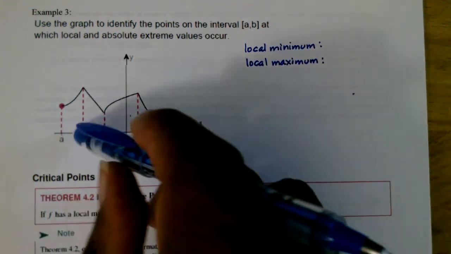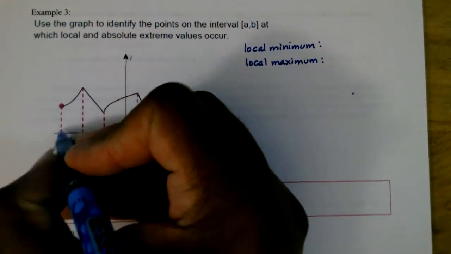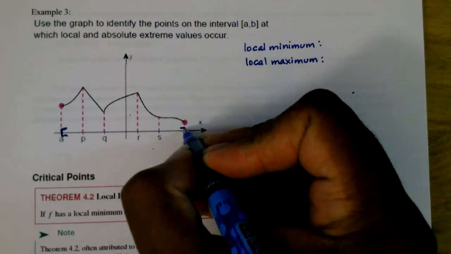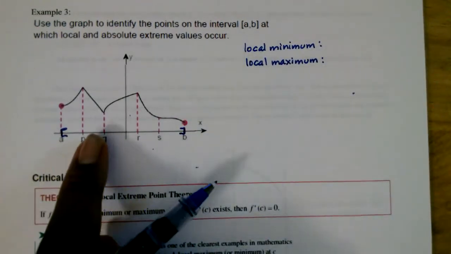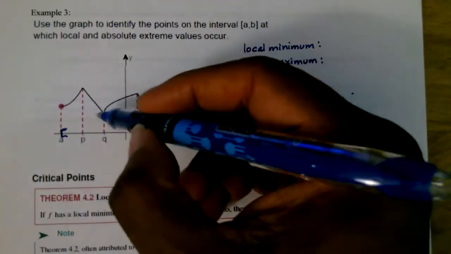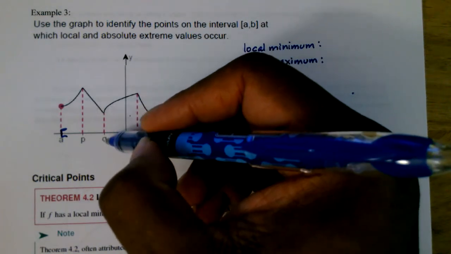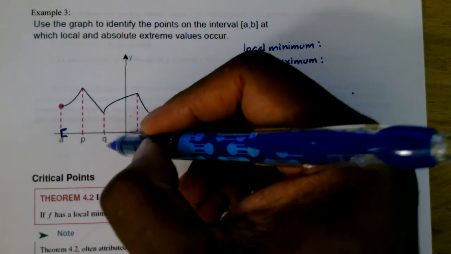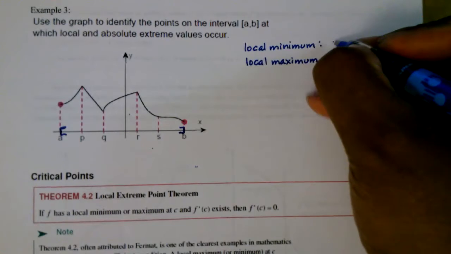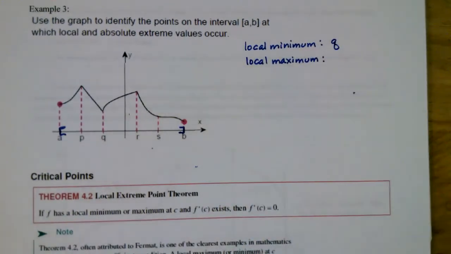So with the local minimum from A to B, that's this interval here, this will be a minimum point right here, and it occurs at x equals q. So at q, that's a local minimum.